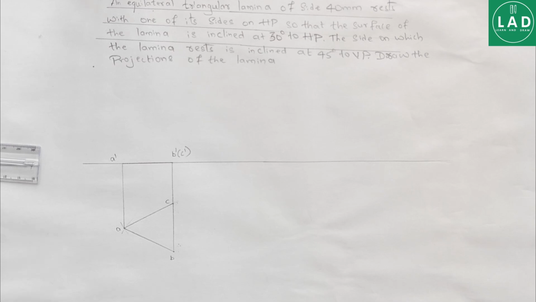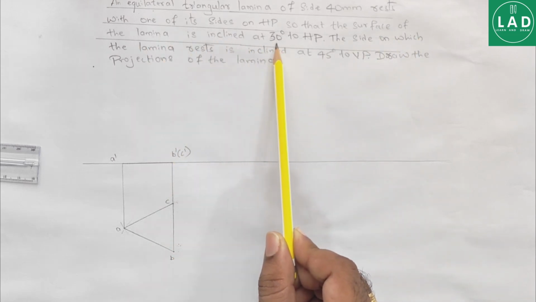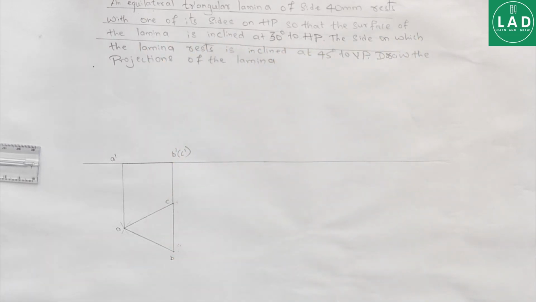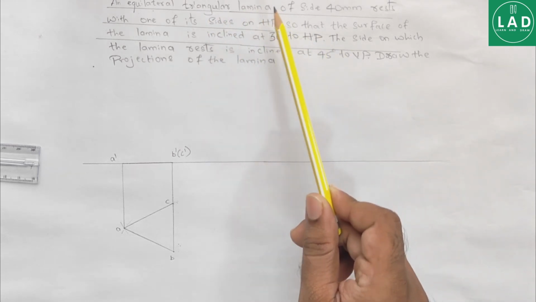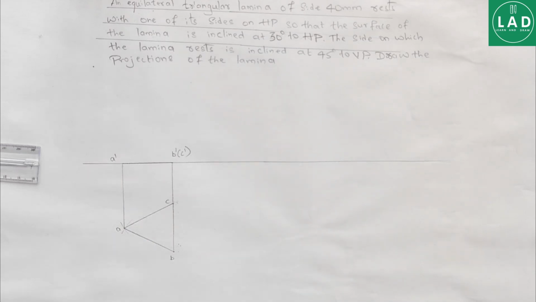So to draw the second view, we can see here that the surface of the lamina is inclined at 30 degrees to HP. So we have to incline the lamina at an angle of 30 degree. And also one more point we have to remember is the triangular lamina is resting on one of its sides.